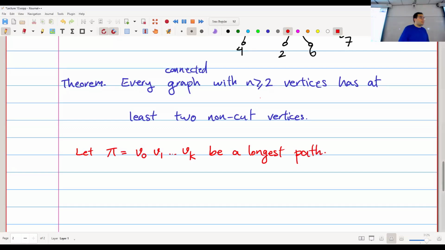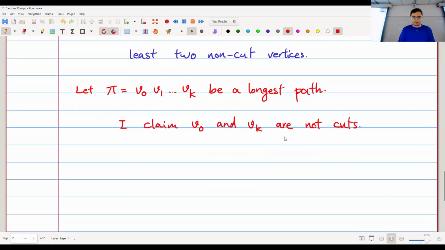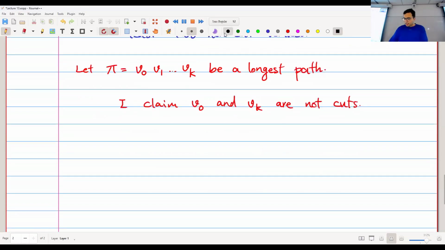Okay. Now, just as before, I want to claim that the two endpoints of this path cannot be cuts. So I claim that V0 and Vk are not cuts. Let's just draw it again as before.